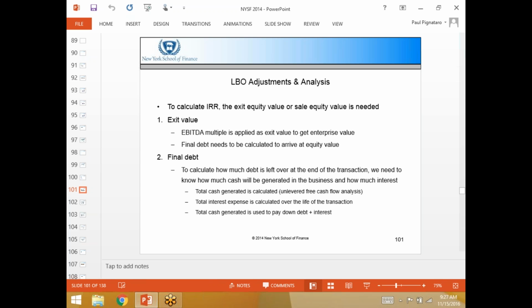What's the exponent? 1 divided by the number of years. It's CAGR. It's the compounded annual growth rate is effectively what we're doing.